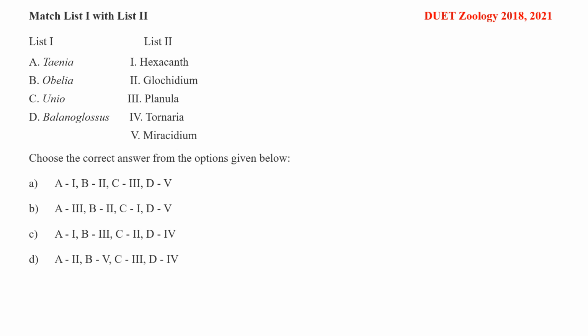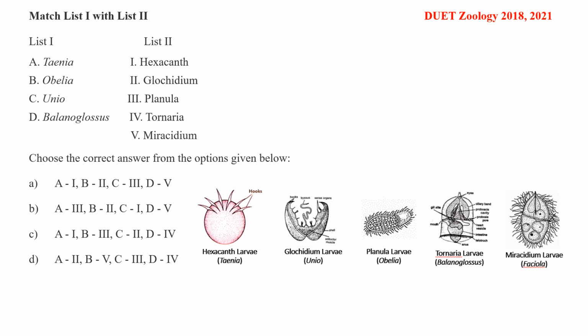In this case, if we see, the hexacanth larva belongs to Taenia, the Glochidium larva belongs to Unio, Planula belongs to Obelia, Tornaria larva is for acorn worm or Balanoglossus, while Miracidium larva is of Fasciola.